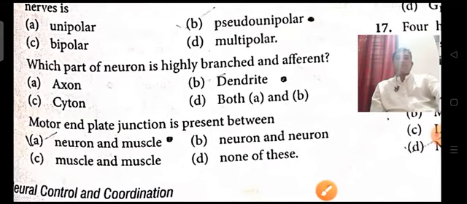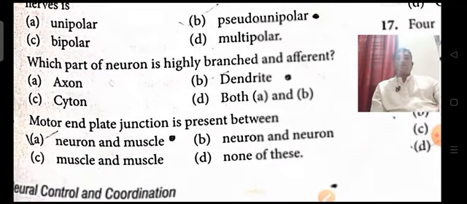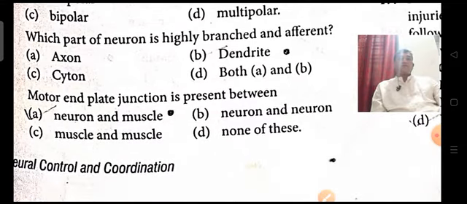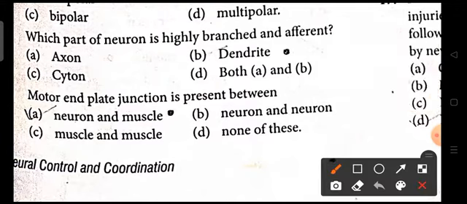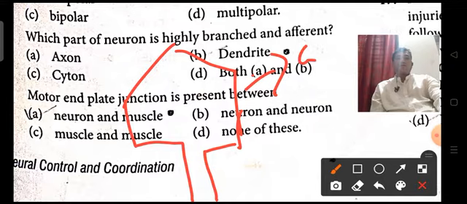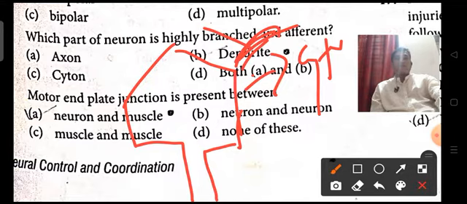Next, which part of the neuron is highly branched and efferent? Axon, dendrite, cyton, or both A and B. When you look at a neuron structure, this is called the cyton or perikaryon, and these are the dendrites.